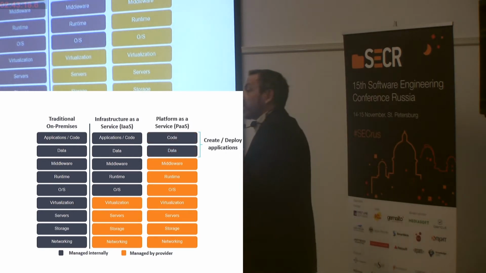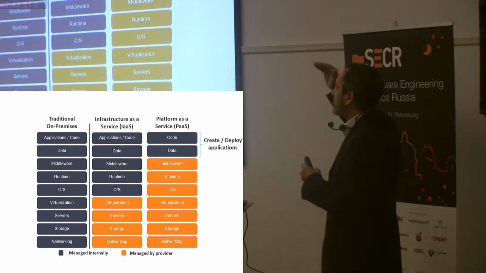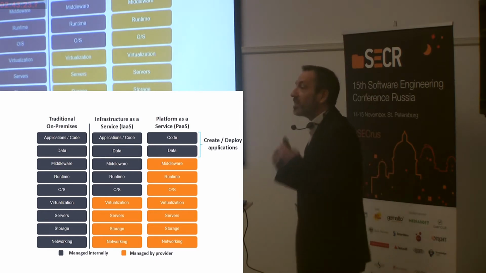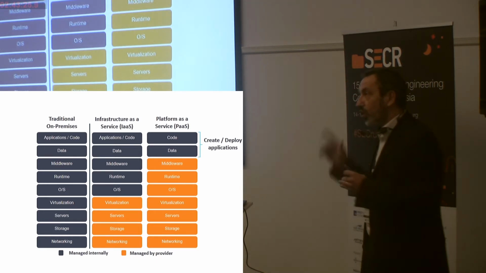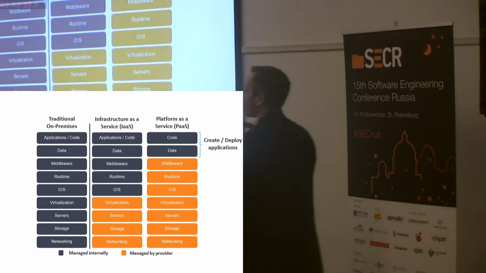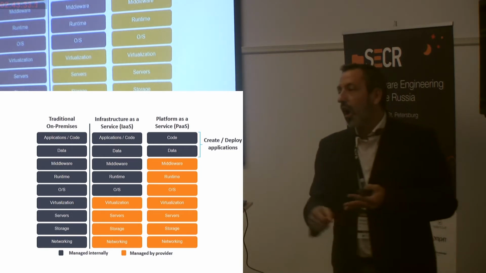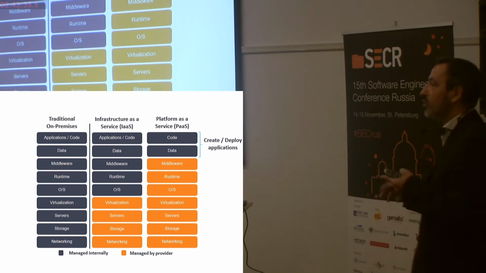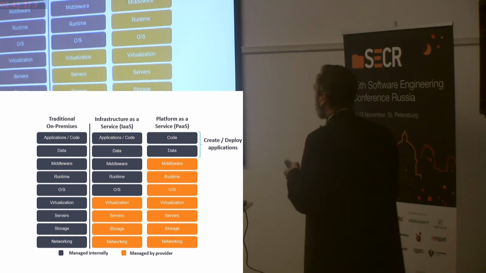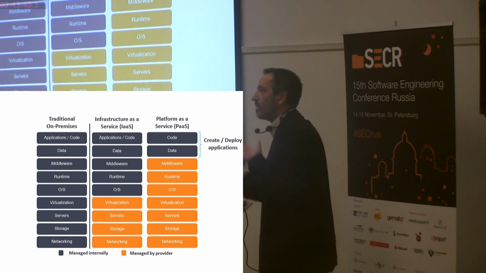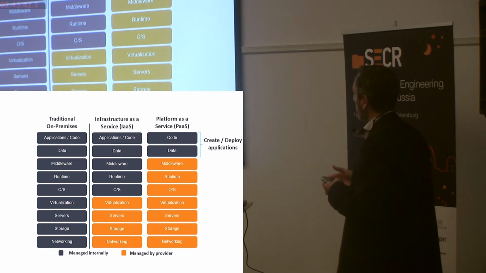So instead of building all the operating system, runtime, and middleware, as an application developer, I usually want only to focus on two things, the data and the code. I don't want to worry about how to install an application server, how to configure an SDK, how to select a language, how to create a virtual machine to run my application.